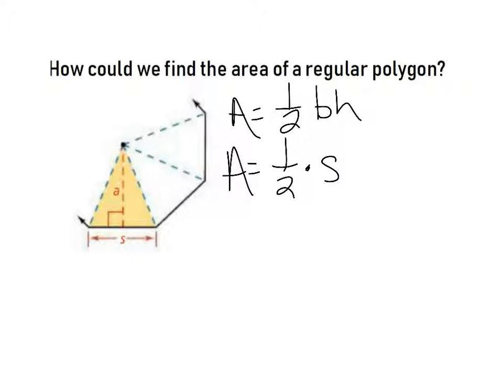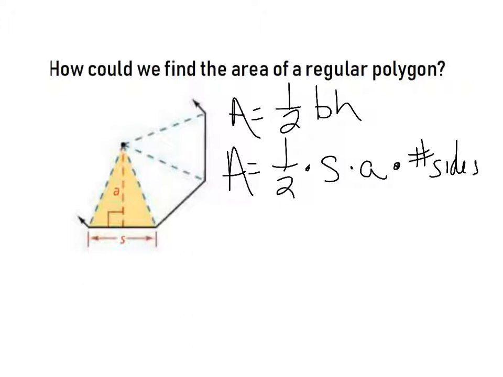I'm going to call it A, and put it in for my height. Now that's the area of just my yellow triangle. Then I'm going to multiply it by however many sides there are. If it was an octagon, I'd multiply it by 8, for instance. That can vary, so I'm just going to put multiply by number of sides.